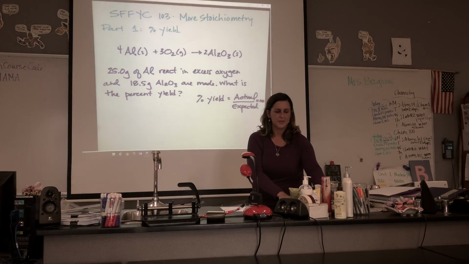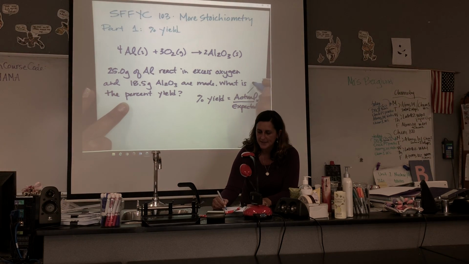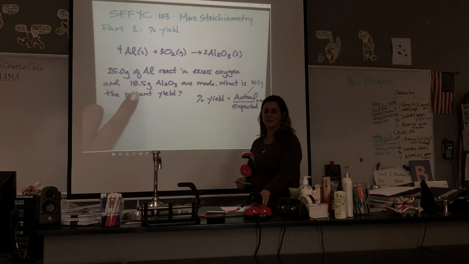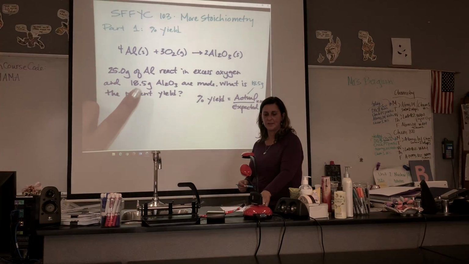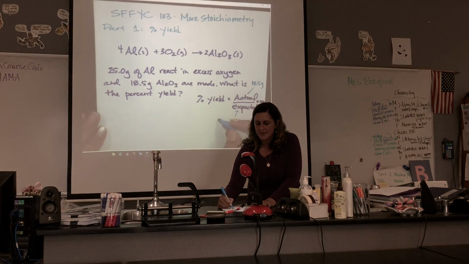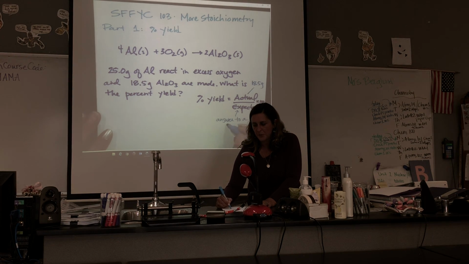Okay, so I'm just going to label this really quick. The actual, in this case here, is 18.5 grams. That's what's actually made, and that's what is told to you in the problem. What's expected is the answer to a stoichiometry problem.